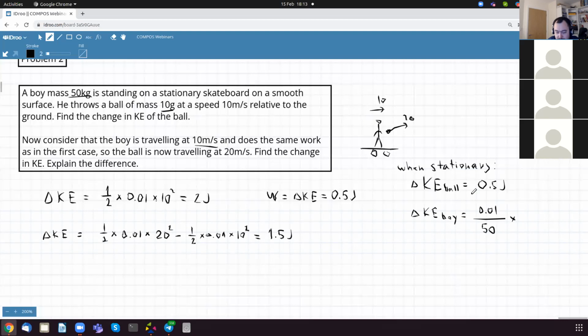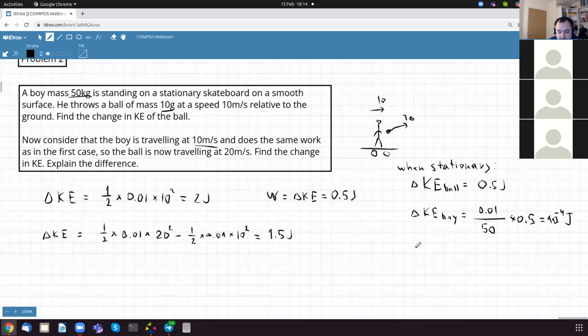So 0.5 times 0.01 divided by 50. That's 10 to the minus 4 times 0.5, which is 10 to the minus 4 joules. That's a negligible amount. We really don't consider that.